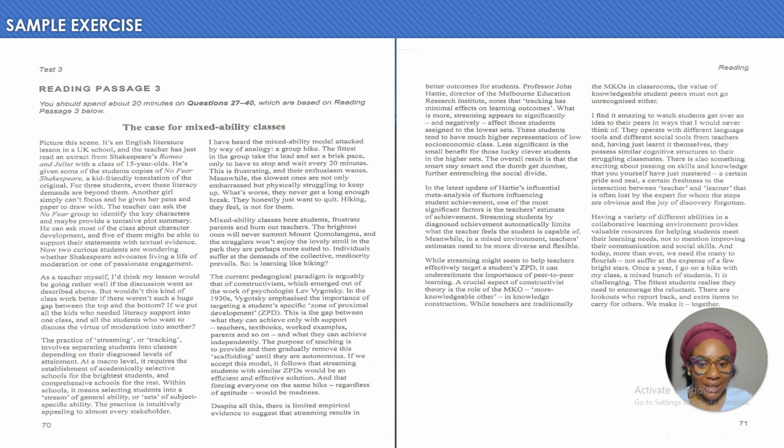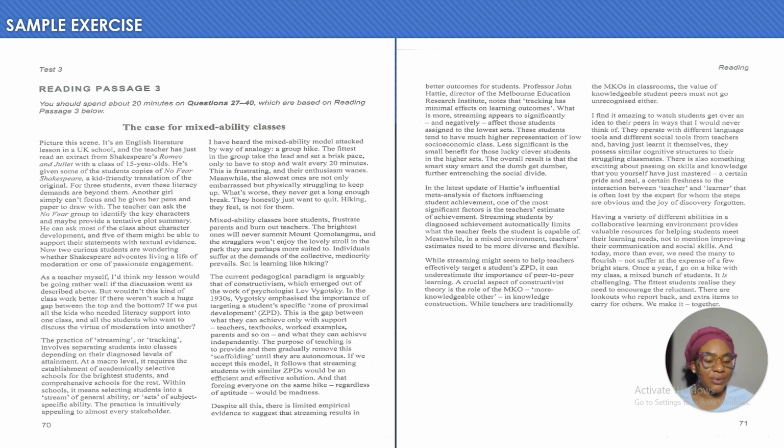Then when you target it, you then put them in according to their own levels, because that's what he says. It says the purpose of teaching is to provide and then gradually remove this scaffolding until they are autonomous. If we accept this model, it follows that streaming students with similar ZDPs will be an efficient and effective solution.